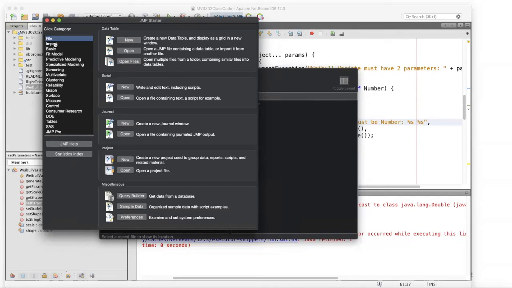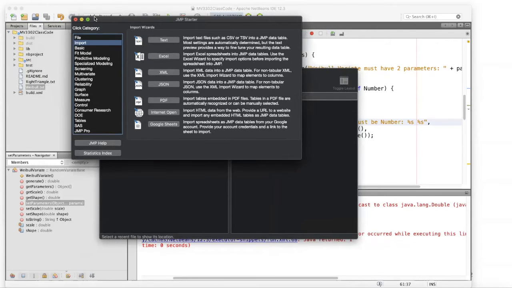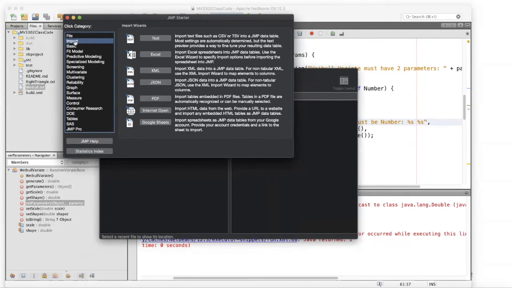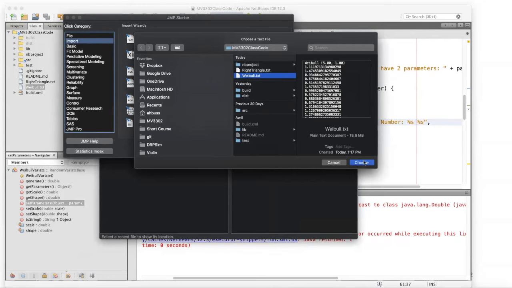It was kind of nice, but I wasn't as impressed with the graphics, as we'll see. So in order to do something like this in JMP, we import a text file, and here's my Weibull. This is what I just generated.